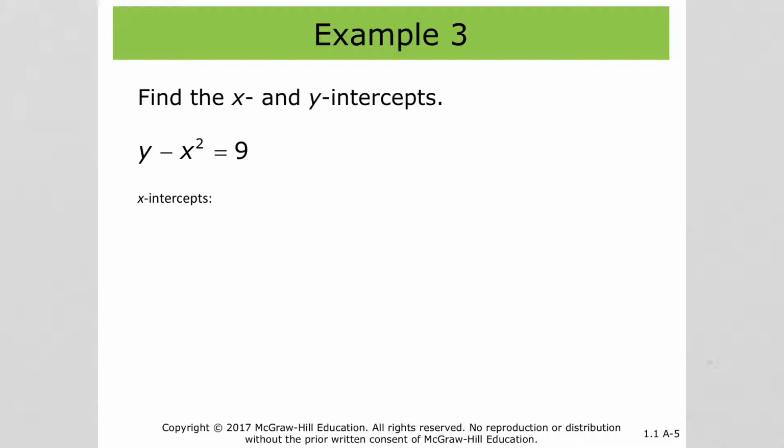So if we want to find an x-intercept, then we're going to plug in where y is 0. So plugging in 0 for y, we have 0 minus x squared equals 9. So that gives us x squared equals -9. Well, that's not possible. So what that means is that there is no x-intercept.